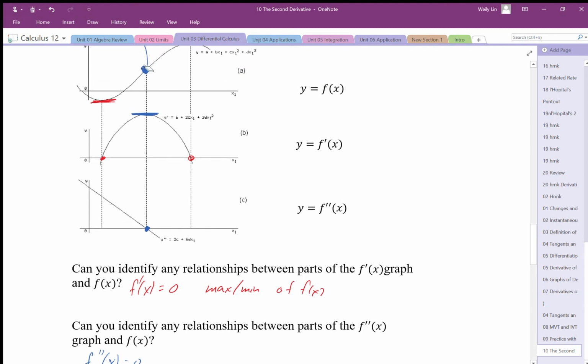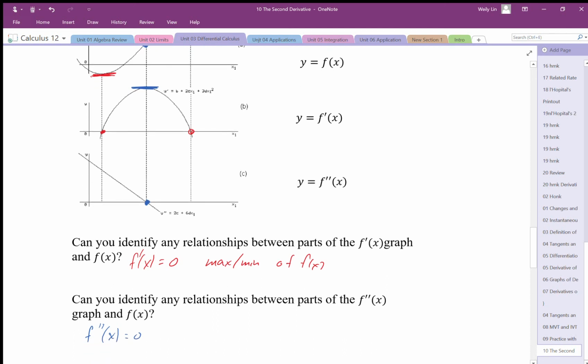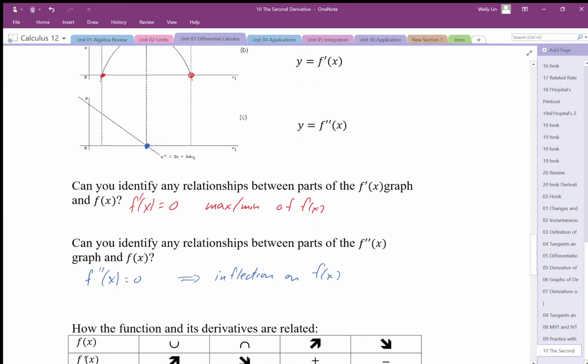There's this potential change of what we're going to call concavity. Okay, and so we're going to say that this doesn't mean that there is an inflection, but it definitely relates to the inflection point on f of x. Okay, so there is this relationship that we can connect the second derivative to something that's going on in the original graph.